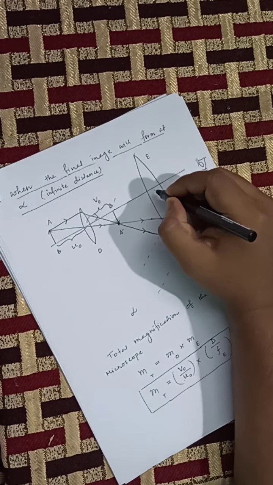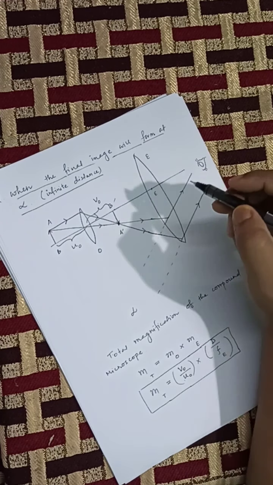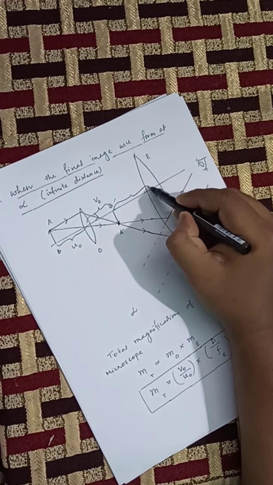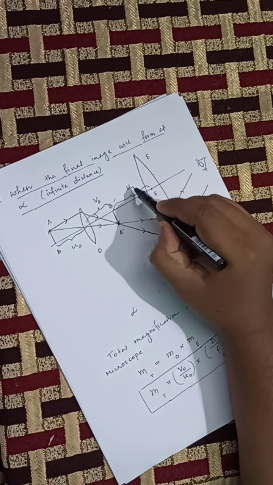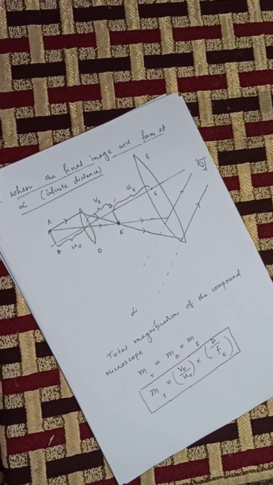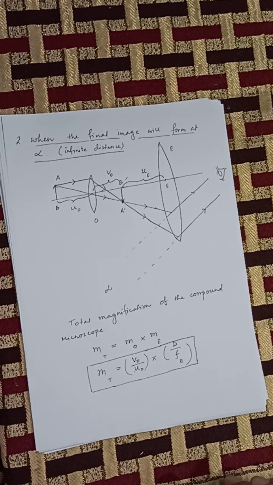Okay, now here from the optical center of eyepiece lens to B dash, isn't it? तो ये क्या हो जाएगा? This is the object distance due to eyepiece lens. Okay, ठीक है?